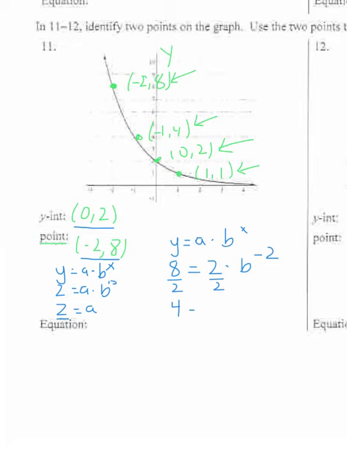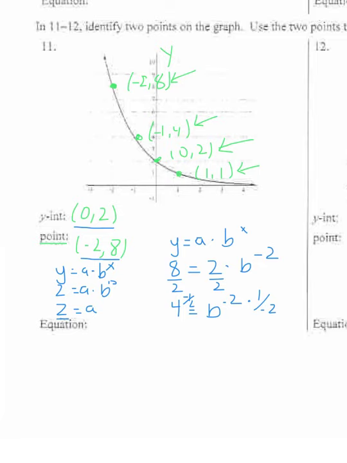And we get 4 equals b to the negative 2. So again, for this one, we multiply by the reciprocal, which is just 1 over that. So 1 over negative 2. And we do 4 to the exponent 1 over negative 2, or negative 1 over 2.